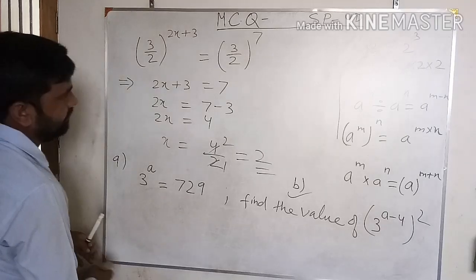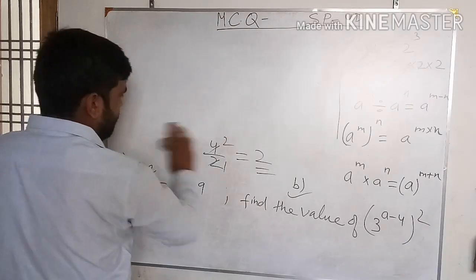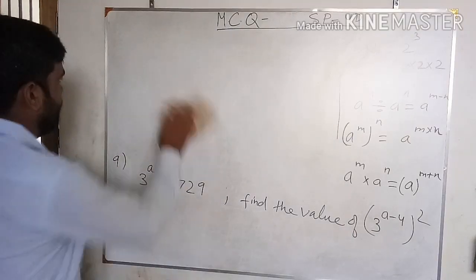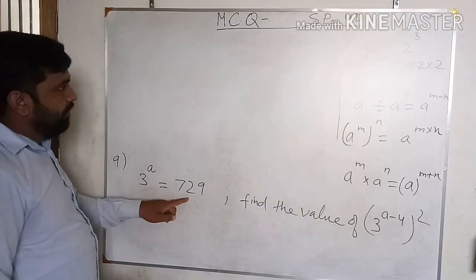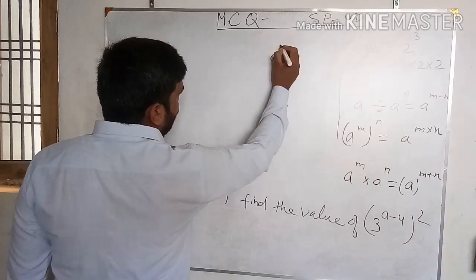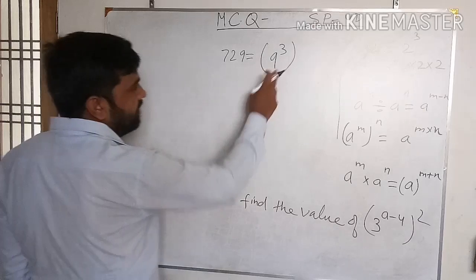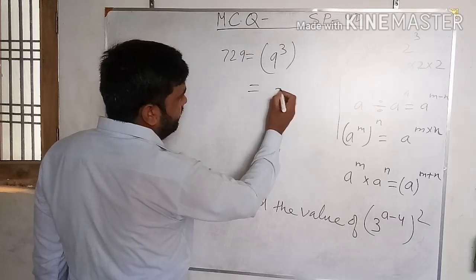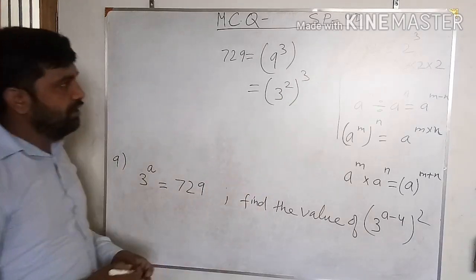So when you find the prime factor of 729, 9 9s are 81, 81 9s are 729. So in place of 9, you can write 3 square, whole cube, that is 3 square to the power 3.